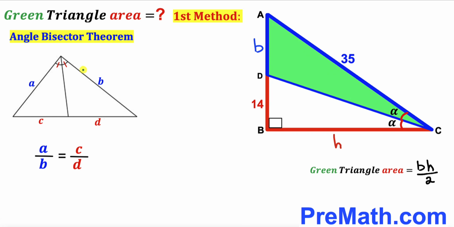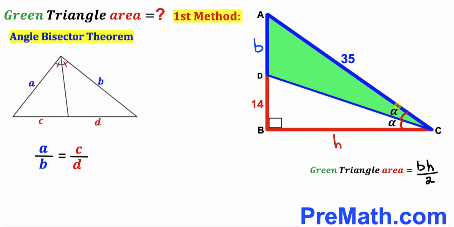Then according to the angle bisector theorem, we can write the ratio of a and b equals the ratio of c and d. We are going to apply this theorem on the given problem.